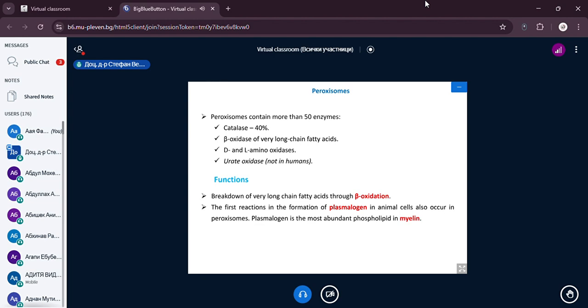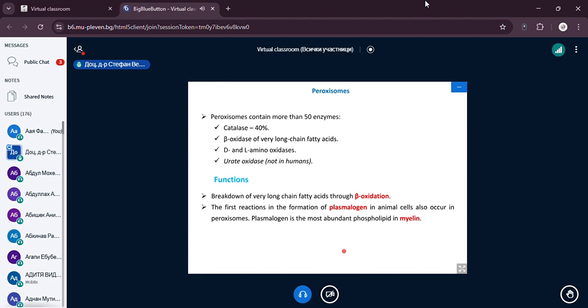What is the structure and the function of peroxisomes? As I said, they have a single layer membrane, similar to the plasma membrane, and matrix. This matrix contains more than 50 different types of enzymes. The most abundant enzyme, which constitutes around 40% of its protein content, is the enzyme catalase. So that's the dominant enzyme in peroxisomes.